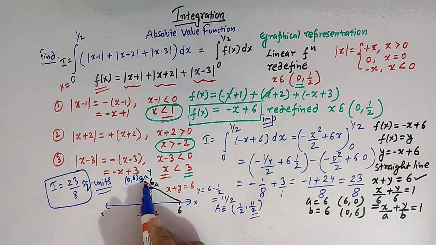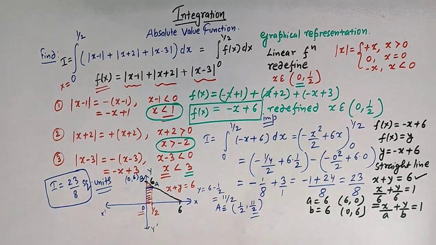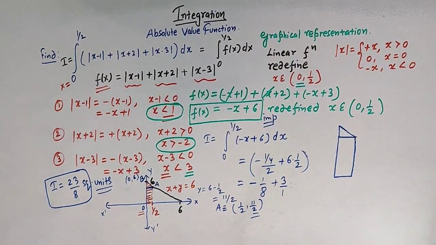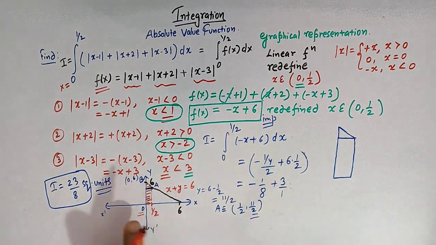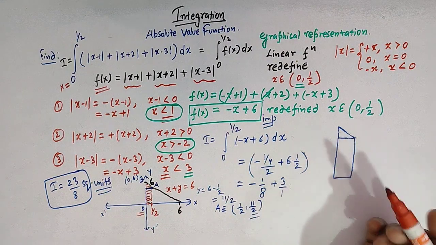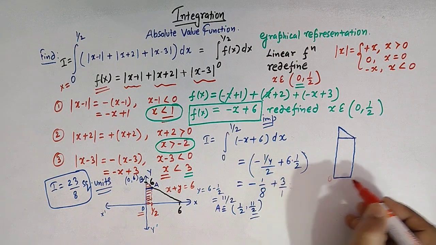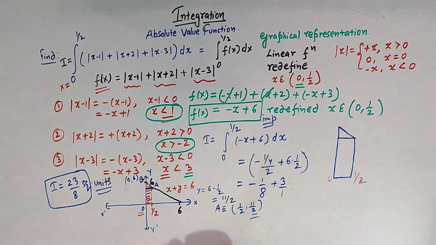Okay, so now this shaded region can be divided into two regions. So the first one is this rectangle, and the second one is the triangle. So now for the sake of convenience, we can redraw this shaded region here. So here we have 0, here we have half, right?